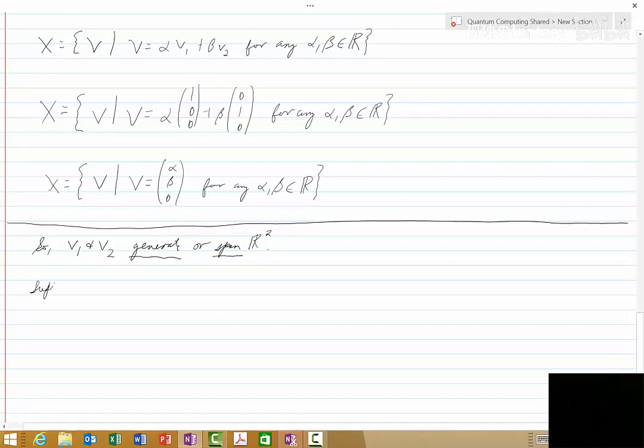Suppose V3 was equal to maybe the vector (1, 2, 0).